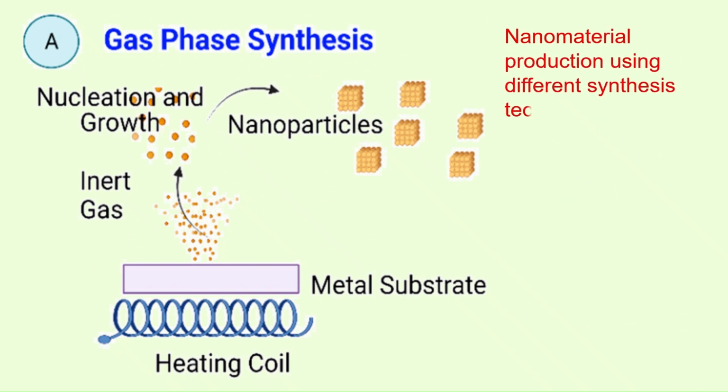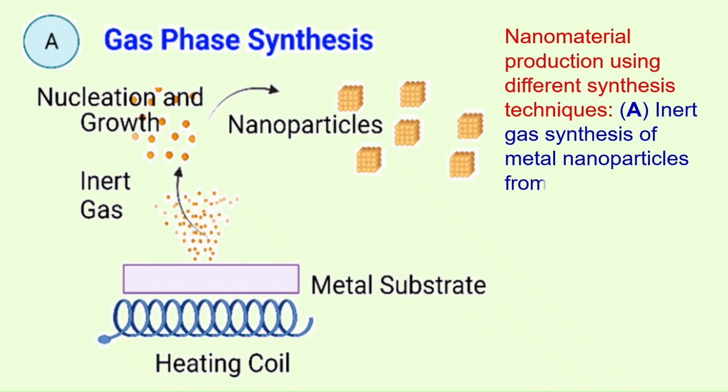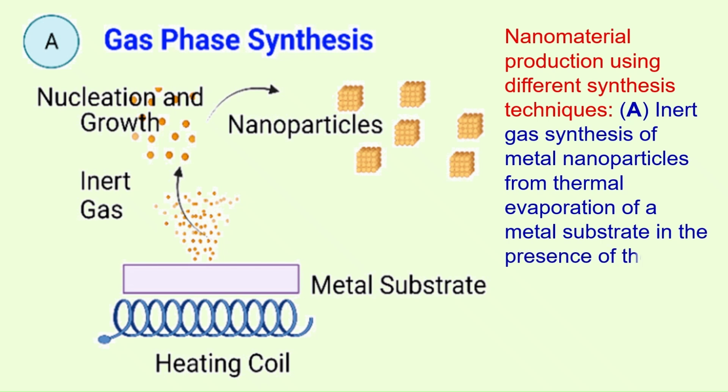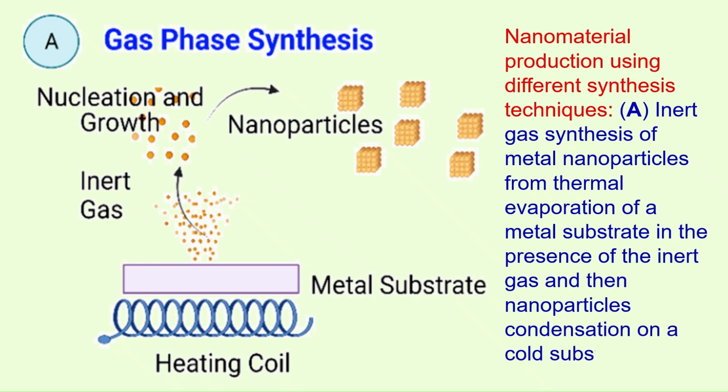Nanomaterial production using different synthesis techniques. A. Inert gas synthesis of metal nanoparticles from thermal evaporation of a metal substrate in the presence of the inert gas, and then nanoparticles condensation on a cold substrate.